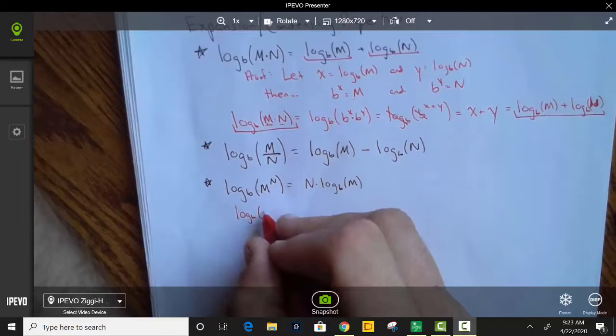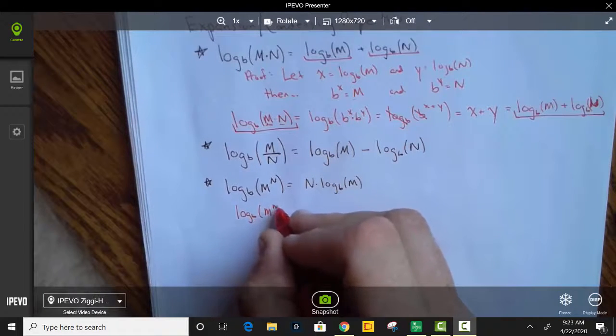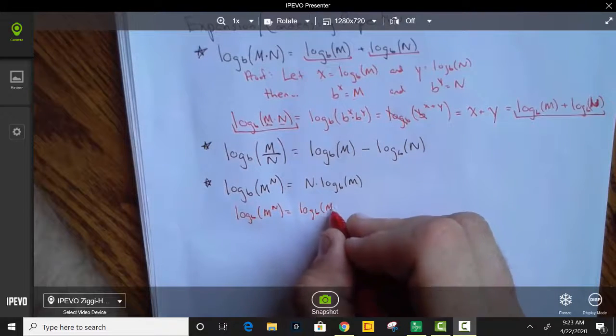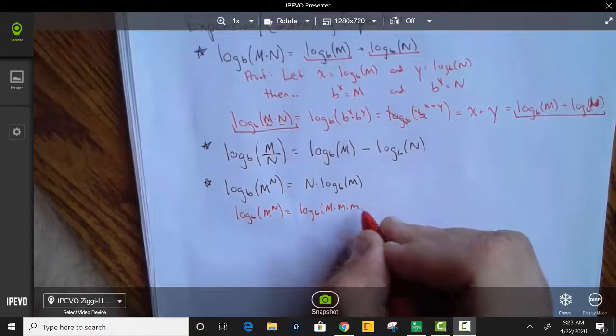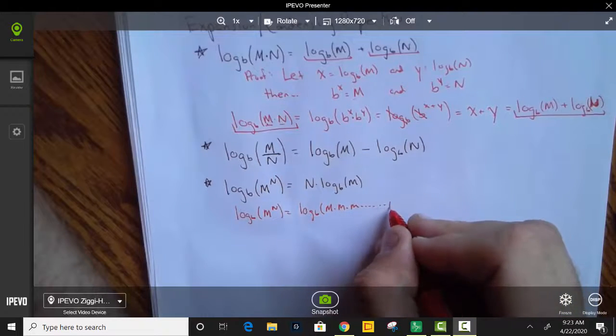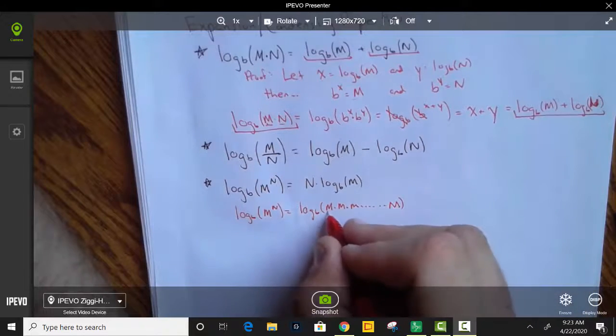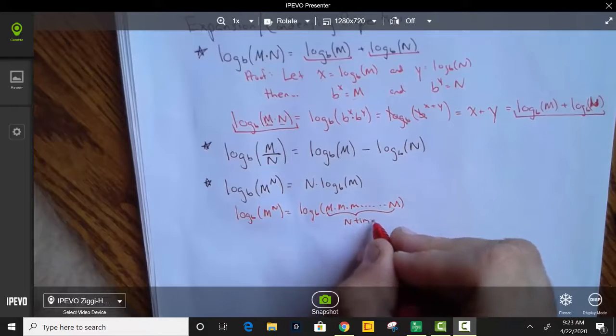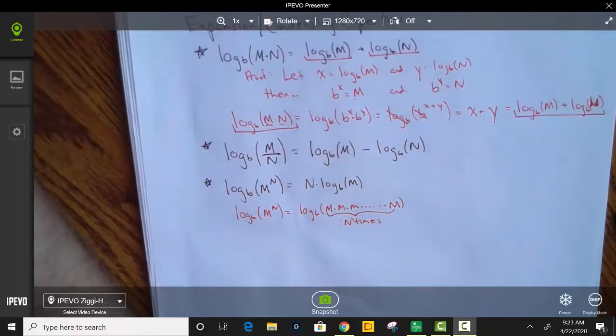Log base b of m to the n power is equal to log base b of m times m times m times dot dot dot times m, a total of n times. That's what m to the n power means.